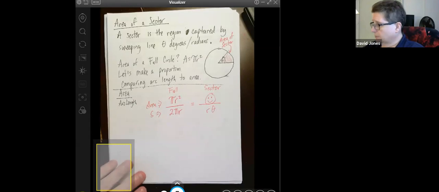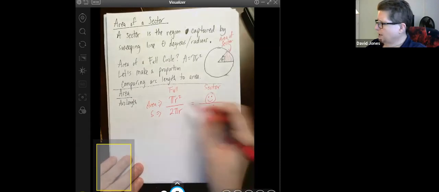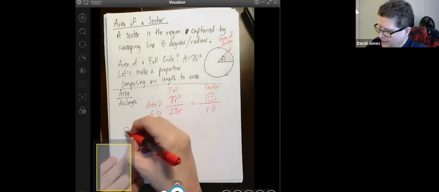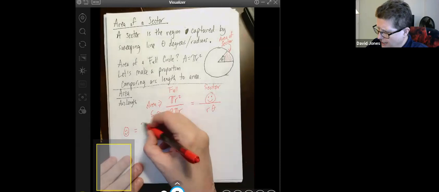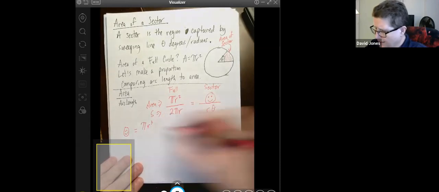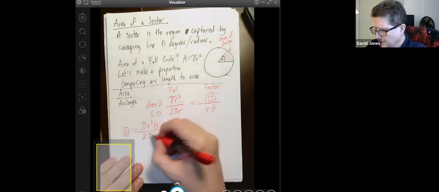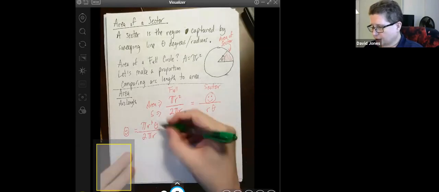So we solve for smiley face. What do we get? Multiply that over, we've got smiley face equals pi r cubed times theta over 2 pi r. And we can start canceling stuff out. A pi cancels out, an r cancels out.